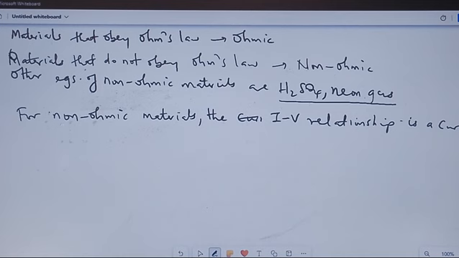Whereas for ohmic conductors, the current voltage relationship is a straight line.